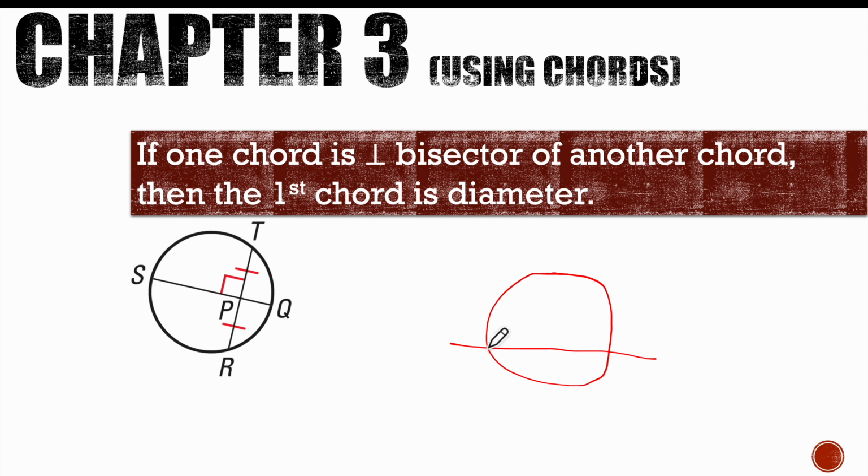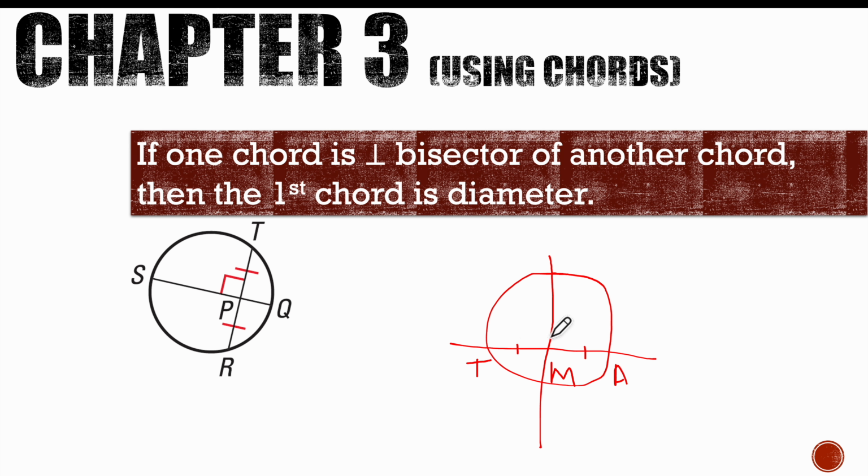A perpendicular bisector divides a line segment into two equal parts. So if TA is a chord, and this point is M, then TM will be equal to MA. That is the bisector.